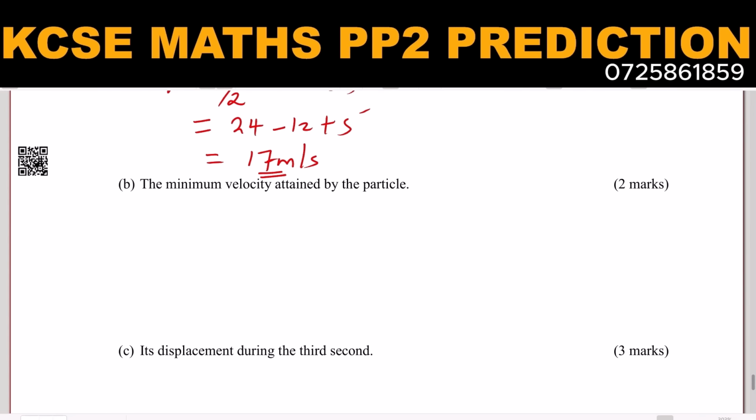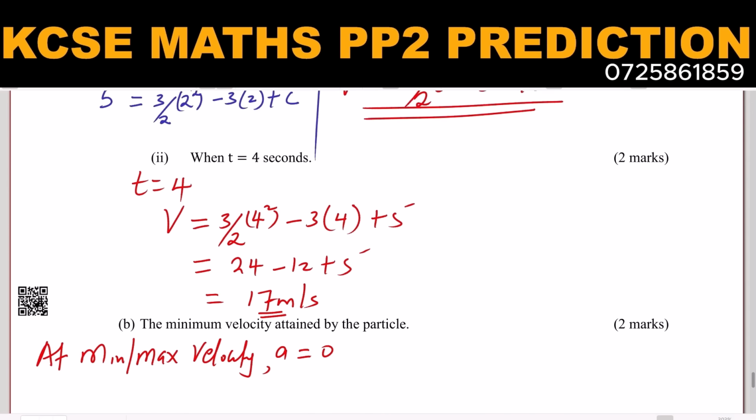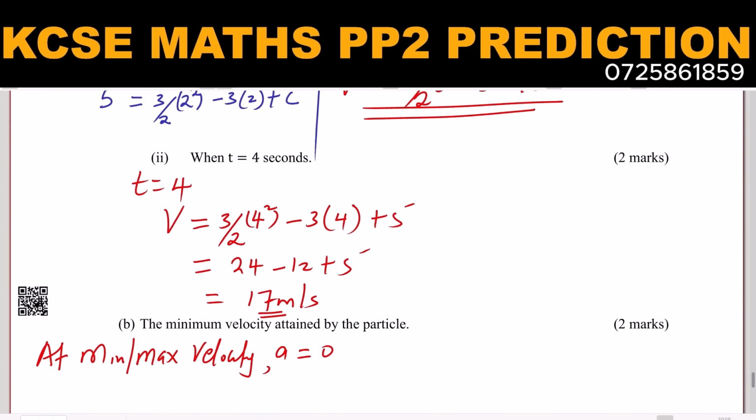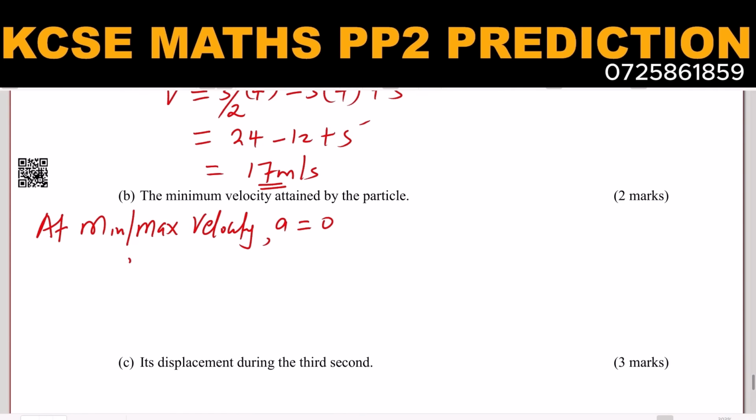Then part B, the minimum velocity attained. One thing you should know is that at minimum or maximum velocity, acceleration is equal to 0. Therefore, we need to take the acceleration. The expression for acceleration is a is equal to 3t minus 3.